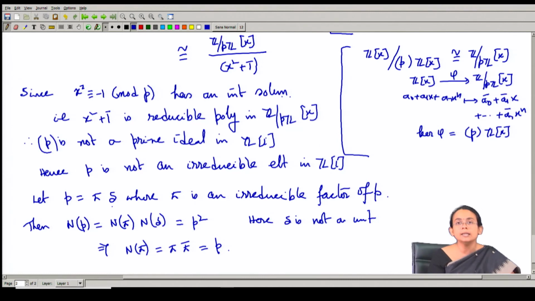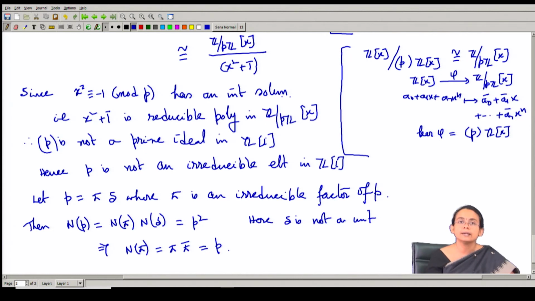But if delta is a unit, then that will say that p is irreducible, but p is not irreducible. Therefore, I am able to write down in this case that p can be written as pi into pi bar, where this pi is an irreducible factor of p, or pi is a Gaussian prime. So, this completes the proof of this theorem.